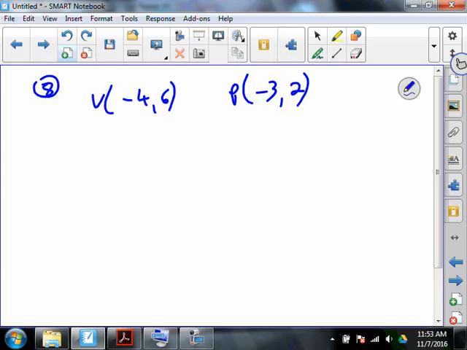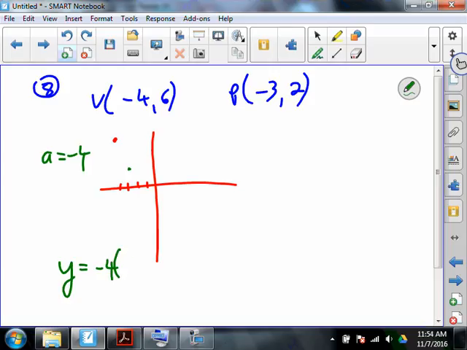This particular one, I noticed that from my vertex at negative 4, 6, if I go over 1 point, I went down 4. So I know my a value is negative 4. So y would be negative 4 times the quantity x plus 4 squared plus 6. They want that in vertex form, I think. Yeah. So there's that one.